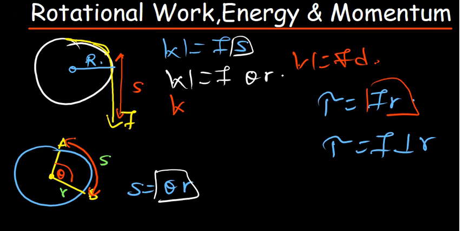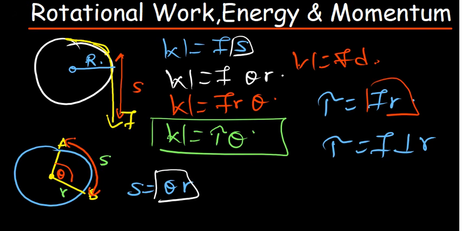Now I can isolate this and say I have F times R times theta, and I know that F times R is the torque. Therefore, under rotational work, work is given by the torque times theta. So this is the formula for work. Okay, so for now this is what we need to know under work: work is given by torque times theta, that is under rotational work.